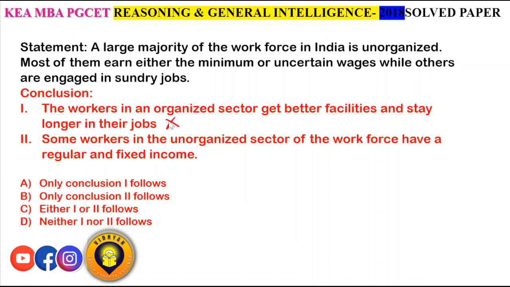Second conclusion: some workers in the unorganized sector of the workforce have a regular and fixed income. See what they told: most of them earn either the minimum or uncertain wages, while others are engaged in sundry jobs.